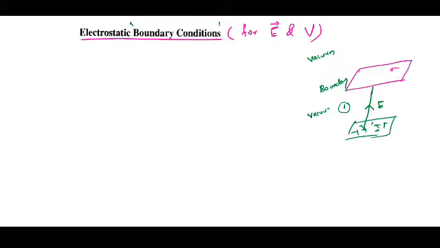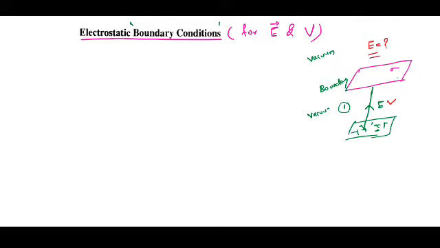Then if you know the boundary condition, you can predict what is the electric field in this second medium. You know already the value of the electric field in the medium 1, and if you apply the boundary conditions, you can predict what will be the value of the electric field in this second medium.